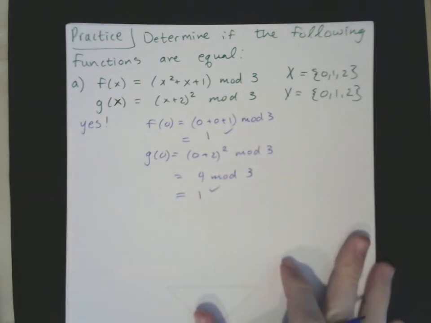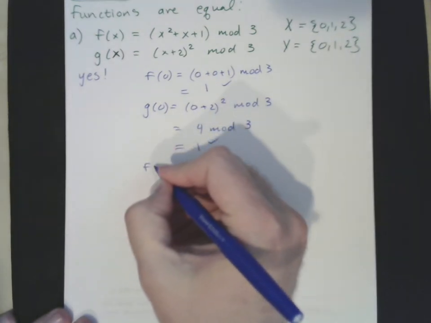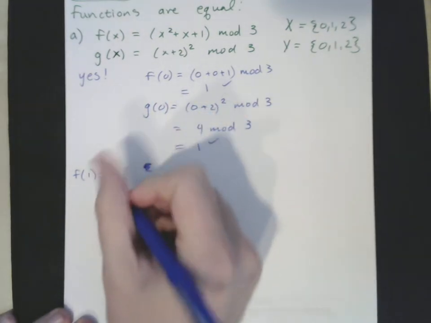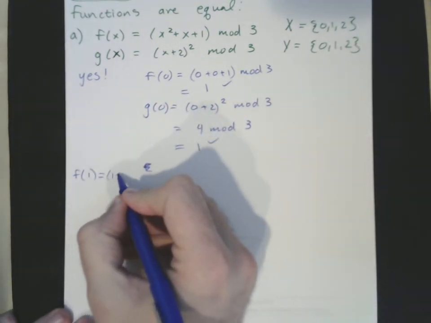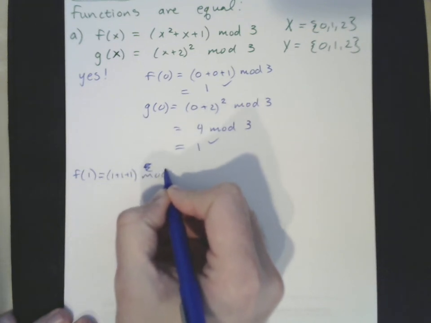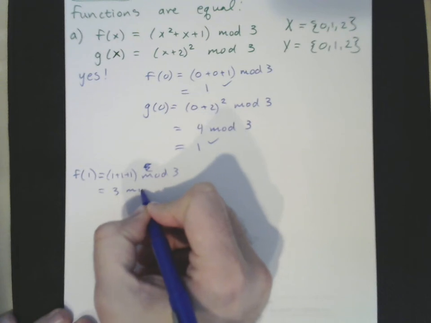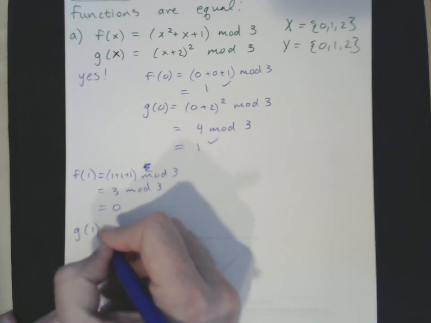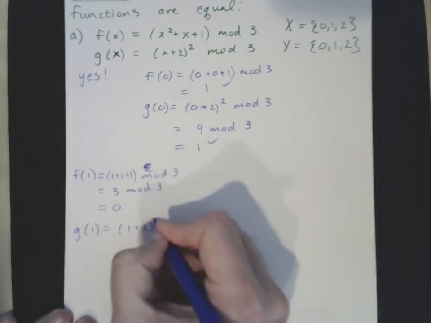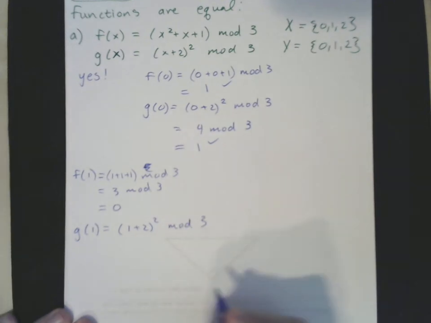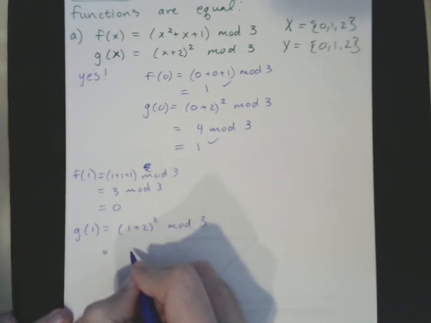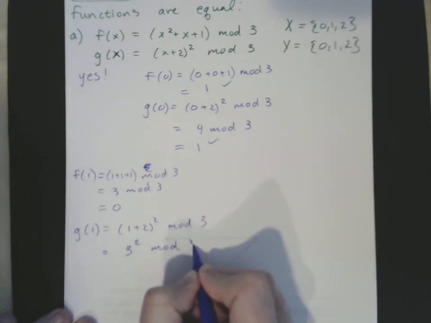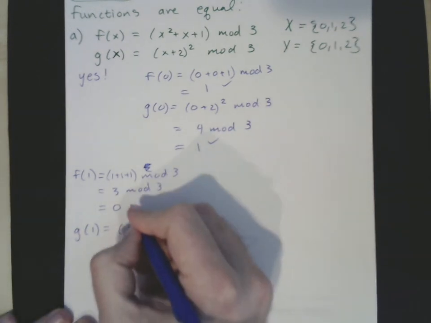So those two are the same. Let's not waste space. F of 1 is going to be 1 plus 1 plus 1 mod 3, or 3 mod 3, which is 0. Let's do here. G of 1 is going to be 1 plus 2 squared mod 3, which is 3 squared mod 3, which once again is going to be 0. 9 mod 3 is still 0.